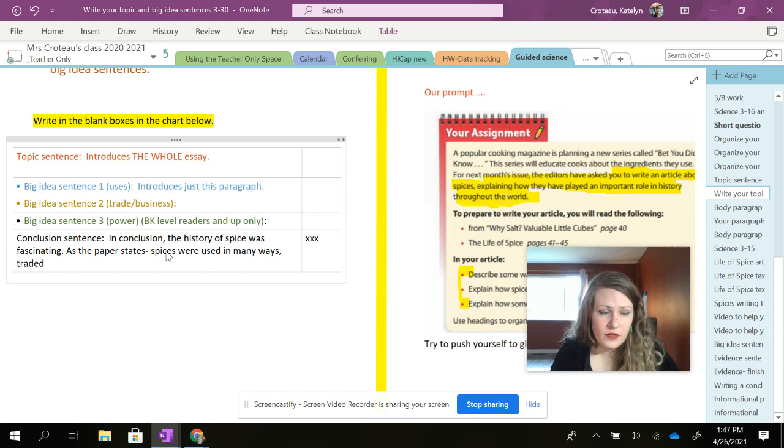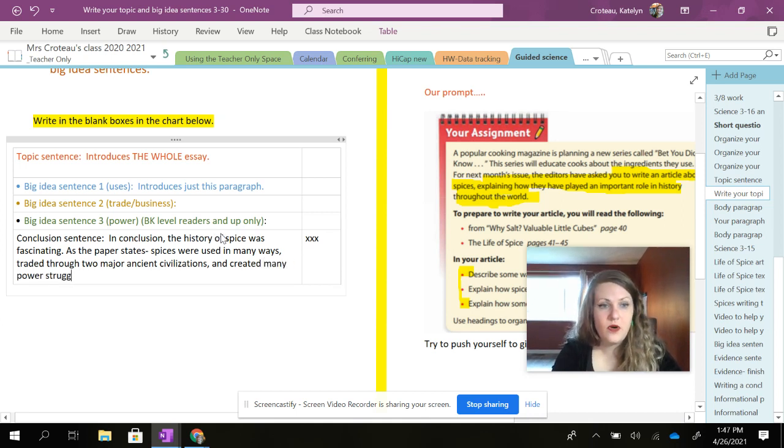Traded through two major ancient civilizations, because it was Rome and it was the Asian trade through the Silk Road, and created many power struggles. So I've now done it in 2 sentences instead.